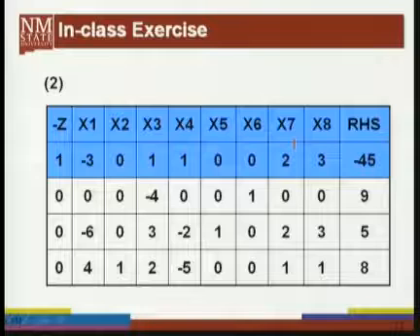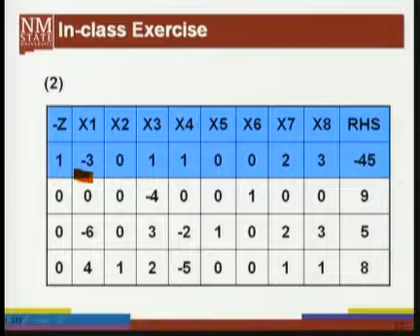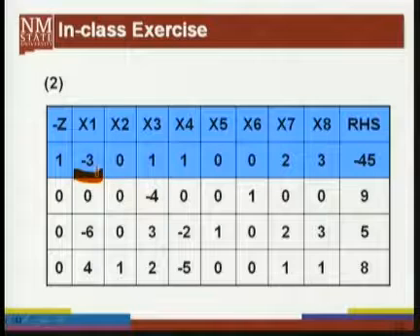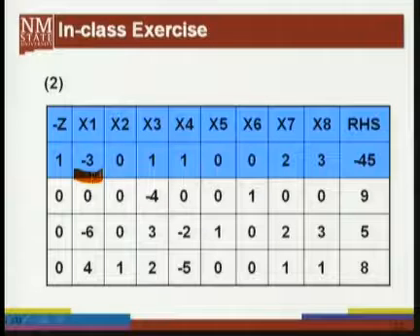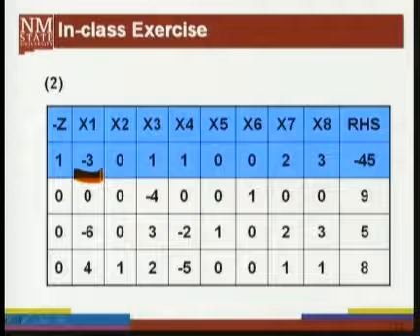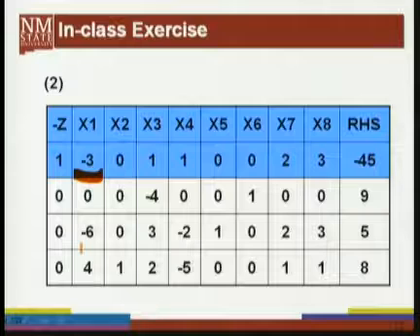What about the second case? Is this optimal? No. We still have one negative reduced cost, so the x1 variable should be selected to enter the basis. Then is this a degenerate solution?